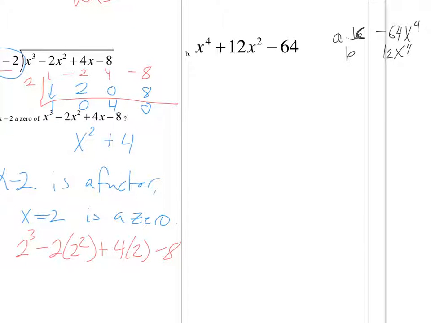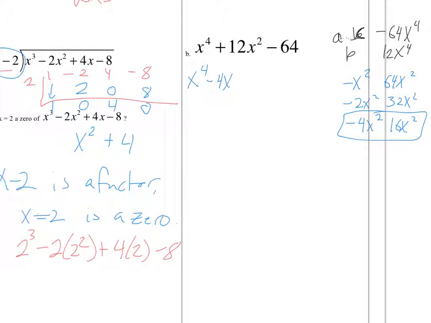It's going to be negative 1x squared and positive 64x squared, no. Negative 2x squared and positive 32x squared. Nope, 3 doesn't work. 4, negative 4x squared and positive 16x squared. Hey, that adds up to 12. That's a winner. So x to the fourth minus 4x squared plus 16x squared minus 64.